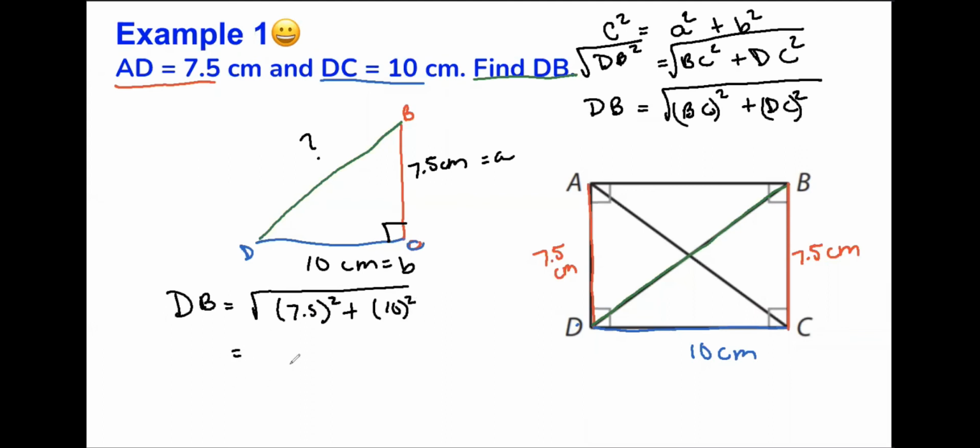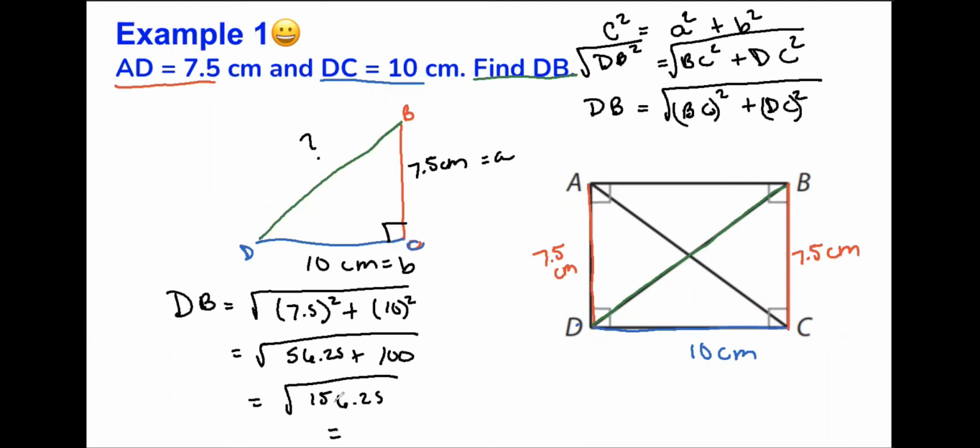And we're going to continue to solve. 7.5 squared is, you guys have calculators? I know it's 56 point something. Yeah, 56.25 plus 10 squared, which is 100, gives me the square root of 156.25.